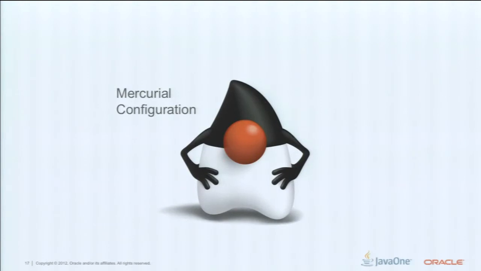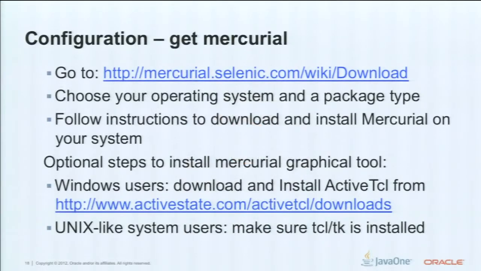Next, we are going to move to the Mercurial configuration section. First of all, to work on OpenJDK, you need to get the Mercurial tool. Mercurial is just an open source tool. You can get it from the mercurial website, and you just follow the instructions to download it for any platform you want. It's available for Mac, Windows, Linux, Solaris, whatever you want.